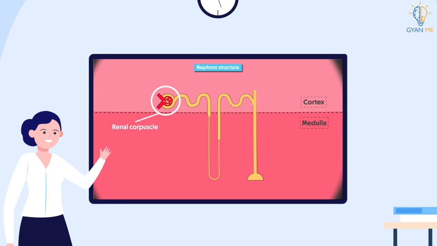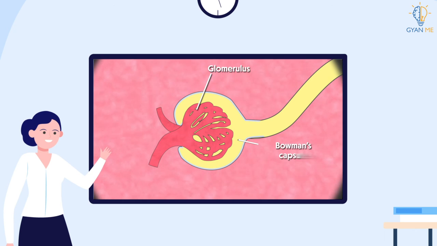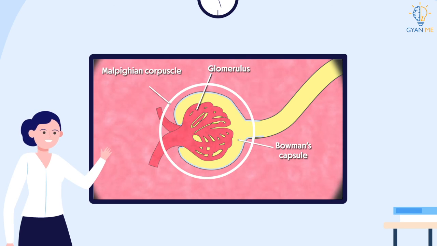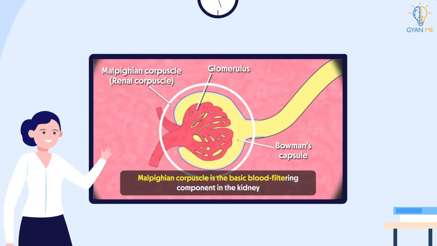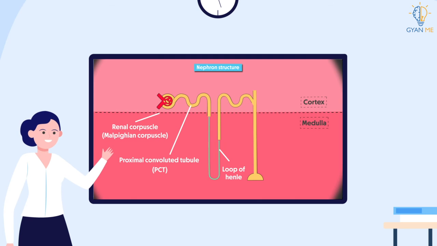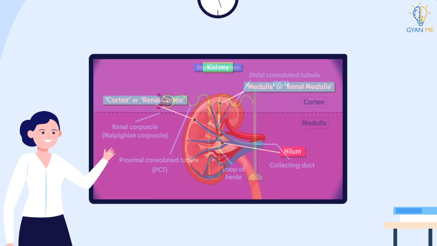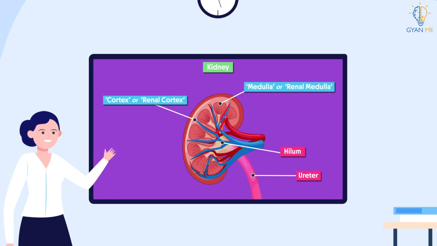We saw that each nephron consists of the glomerulus and Bowman's capsule, both of these together referred to as the Malpighian corpuscle. Bowman's capsule further continues as a tubular portion which includes PCT, loop of Henle and DCT. The renal tubule now opens into a collecting duct which exits out of the kidney as the ureter.